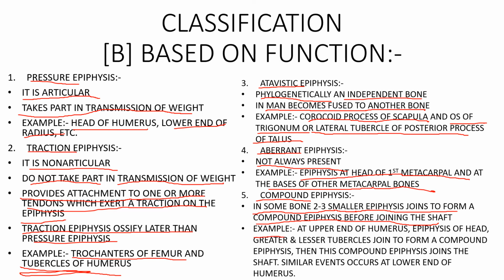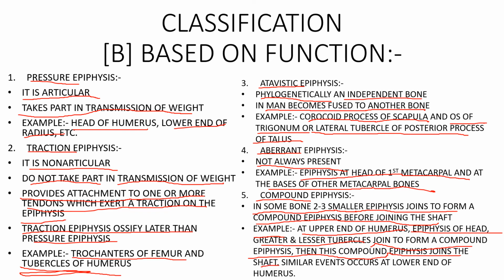Now example, upper end of humerus. At upper end of humerus we have epiphysis of head, greater and lesser tubercles, and then it joins to form a compound epiphysis, then this compound epiphysis joins the shaft.